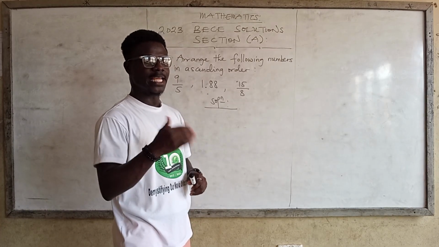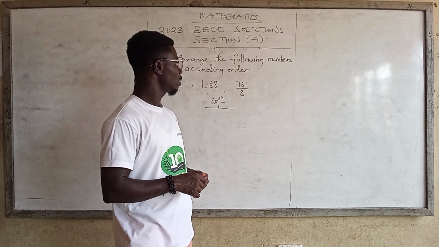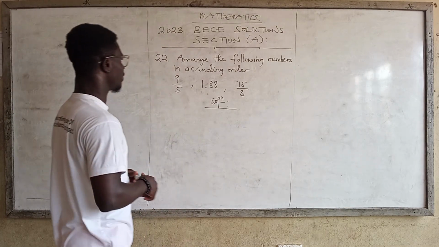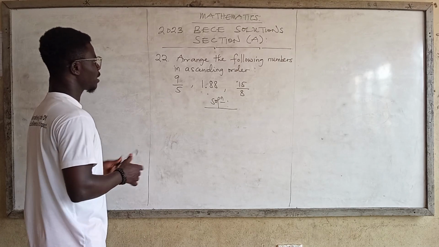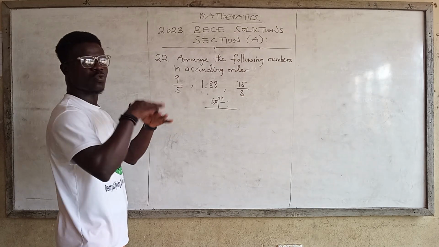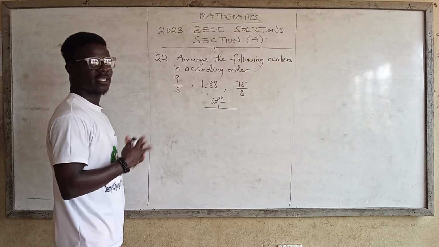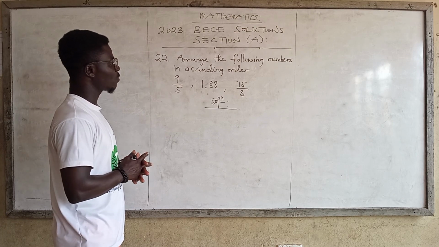Another method is to change them to fractions, find the LCM, then compare the numerators. So let's see the easiest way.